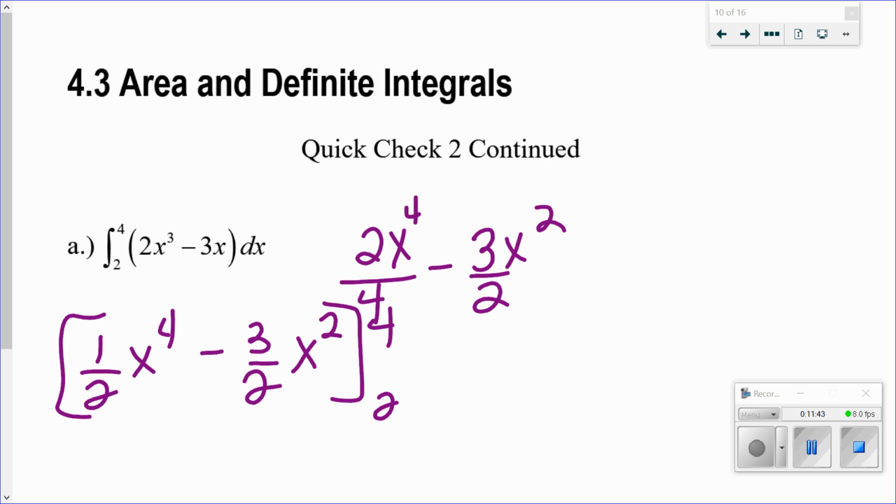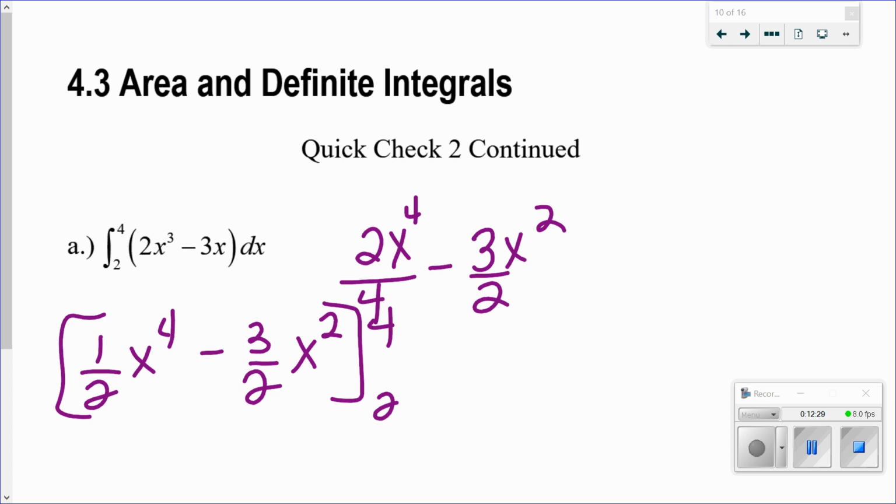I have, okay, and when we put in 4 and we put in 2.